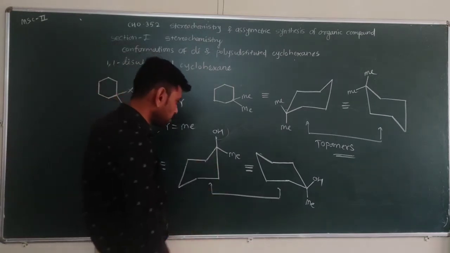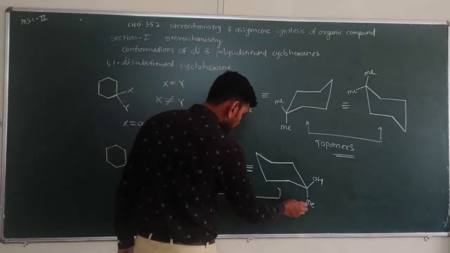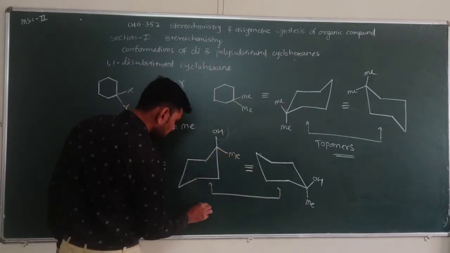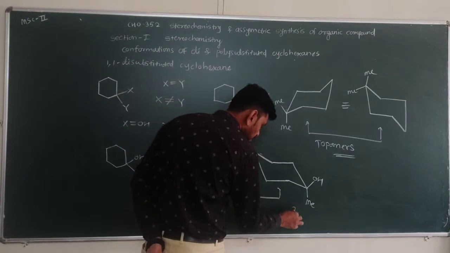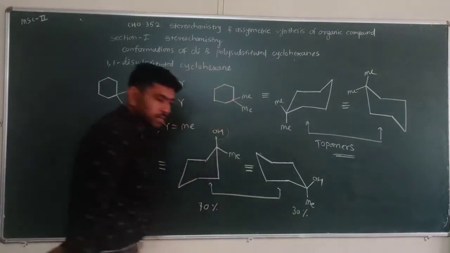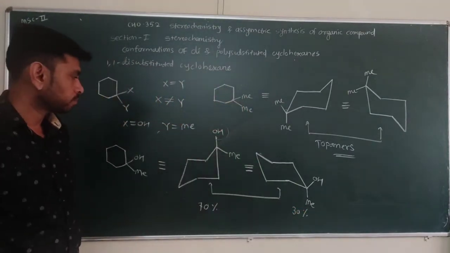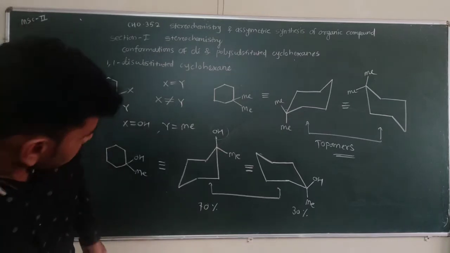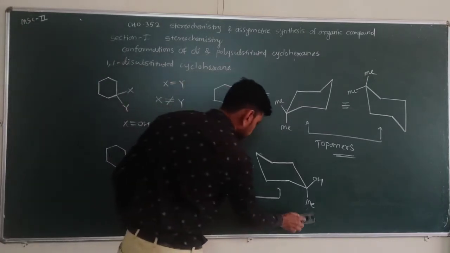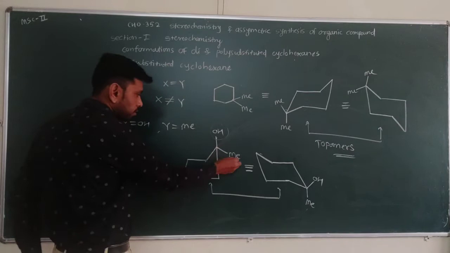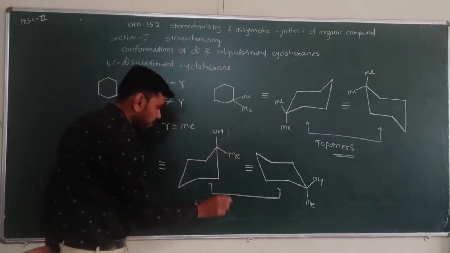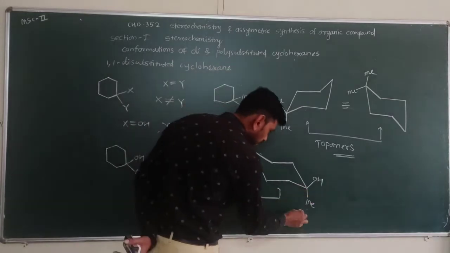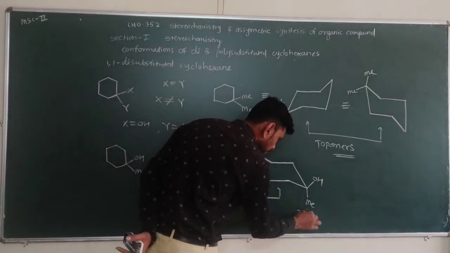This structure is present in 70%, and this structure is present in 30% amount. This structure with the methyl group at equatorial position is 70% and the other is 30%.